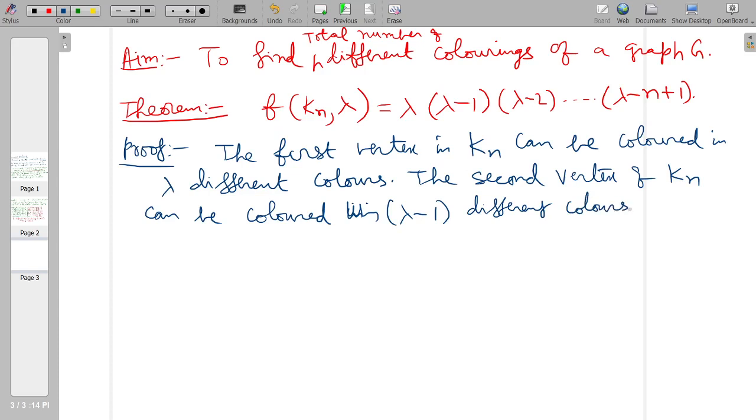I can use any color other than the color that is allotted to the first vertex.